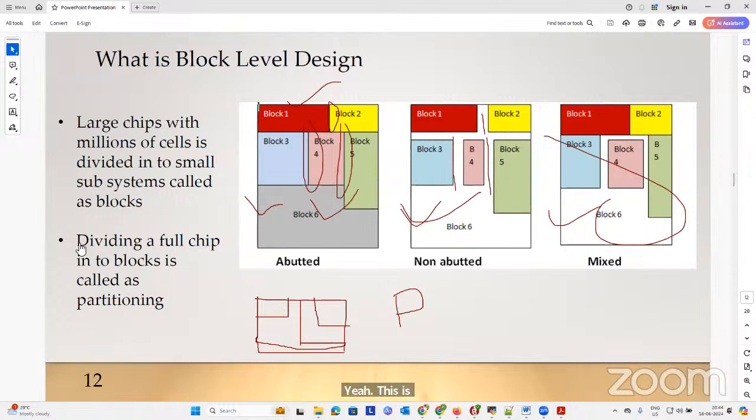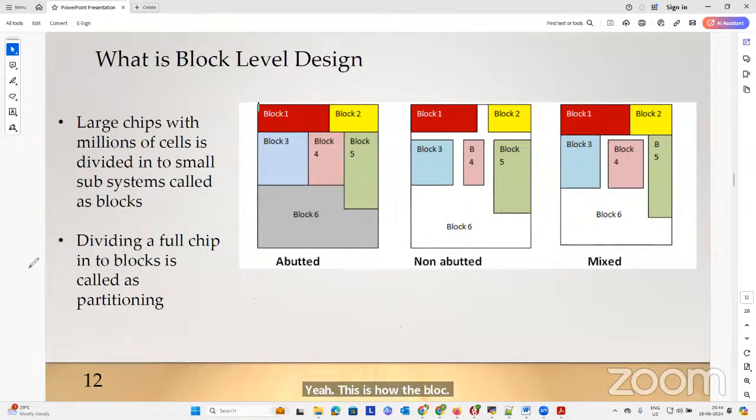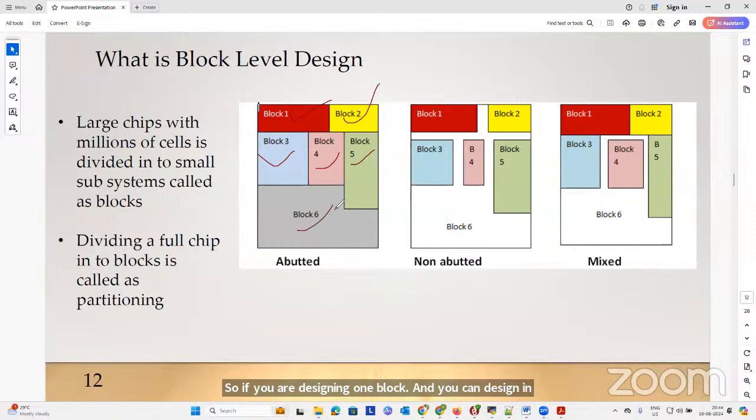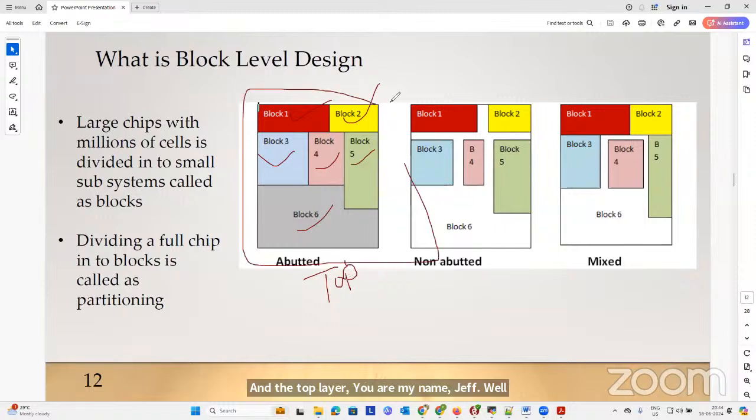This is how the block level chip design or full chip level design is done. If you are designing one block, and others are designing block 2, block 3, block 4, block 5, and block 6, the top level engineer, your manager, will align all these blocks together to form a full chip. Clear so far, everyone?